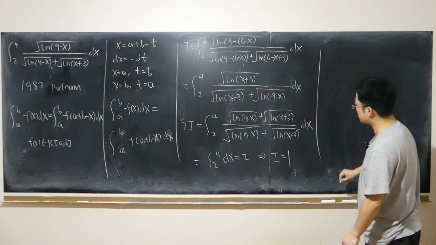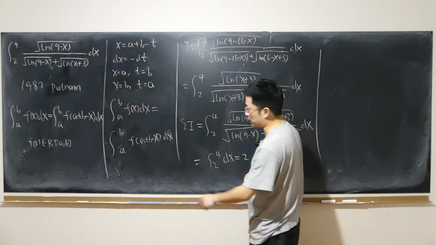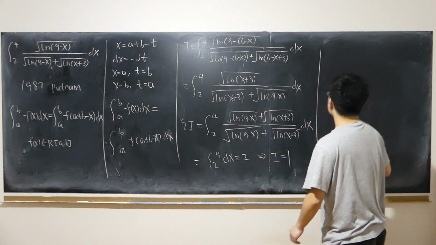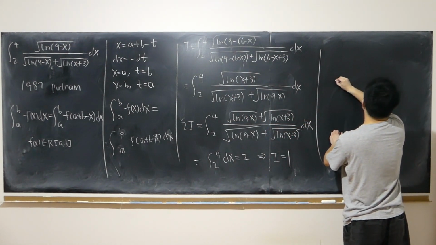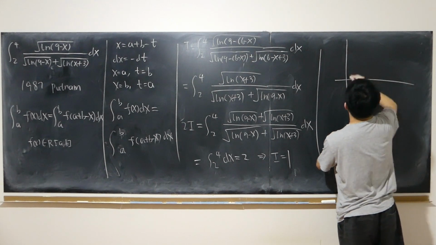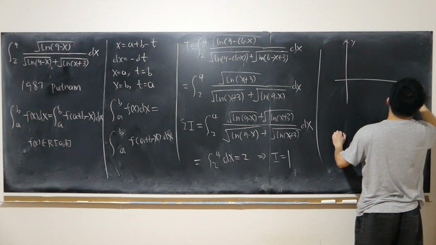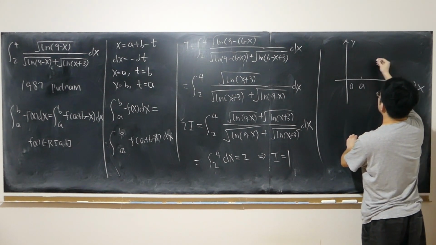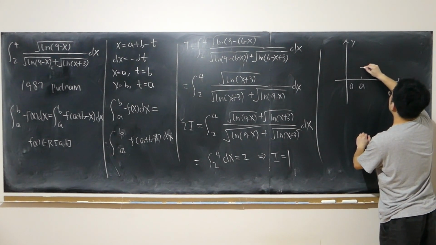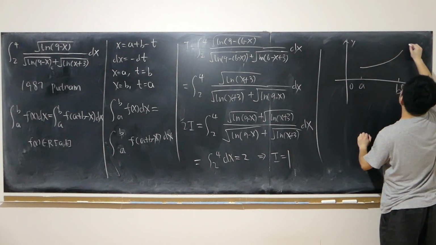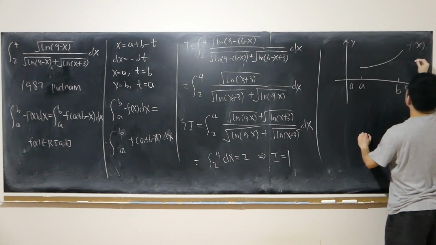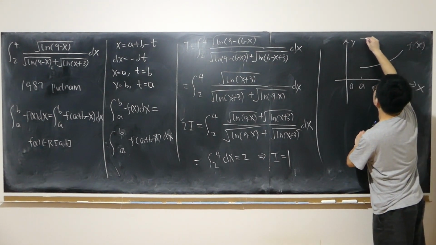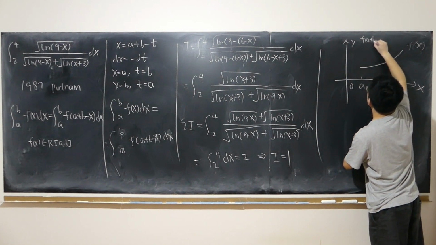And the geometric interpretation of this integral identity looks like this. On the x axis, a to b, assuming it's integrable. So this is the graph of f of x, for example, and the other function, f of a plus b minus x.